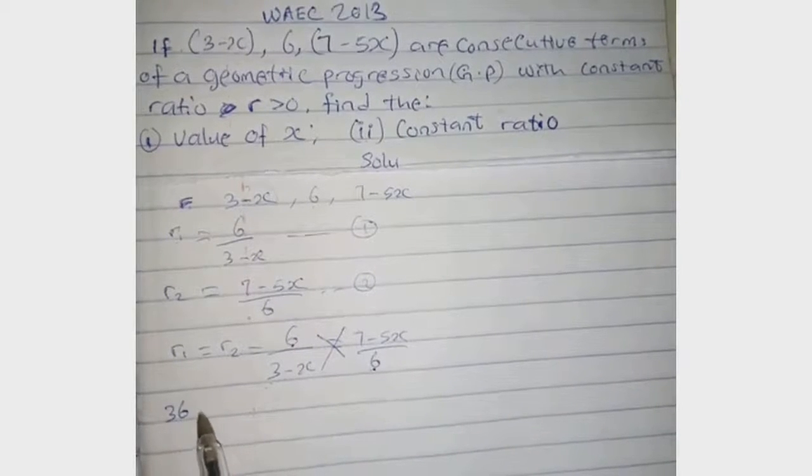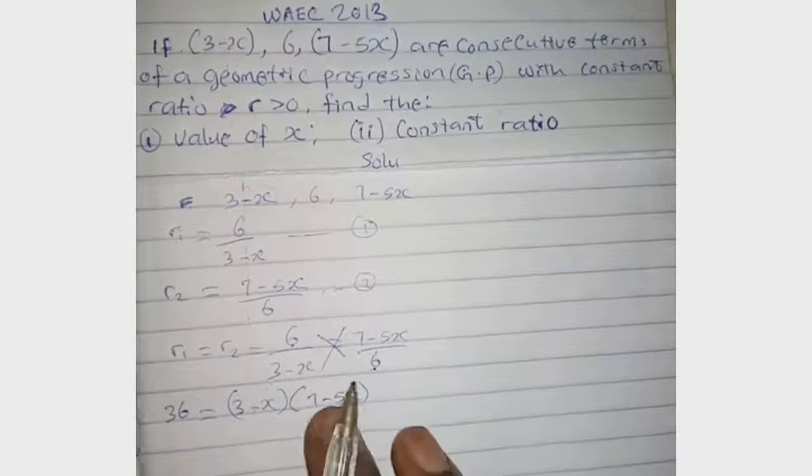So 6 times 6 gives 36, equal to 3 minus s in brackets multiplied by 7 minus 5s in brackets. Let's expand this bracket.